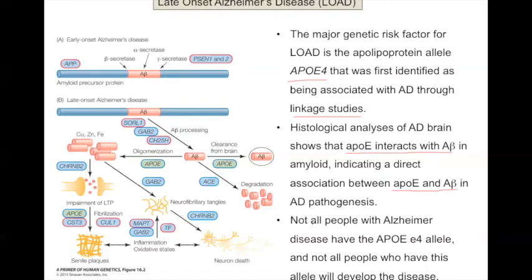As I've said, not all people with the ApoE4 allele will develop late onset Alzheimer's disease. So what we see is that we have the ApoE here, which is thought to be important for the clearance of this A-beta peptide from the brain, and it is believed that the ApoE4 allele in some way interferes with this process.